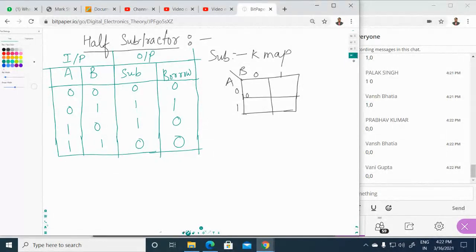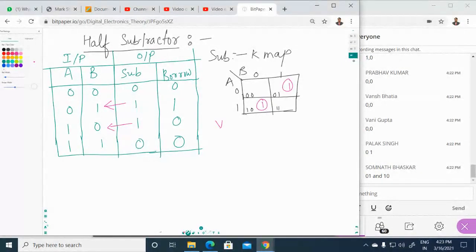You have to represent the values like this. Clear? So at which position will this 1 be represented? Quickly give your response in chat. This 1 is represented in the position of 0 1 and this 1 is represented in 1 0. So at 1 0, there is 1, then at 0 1, there is also 1.